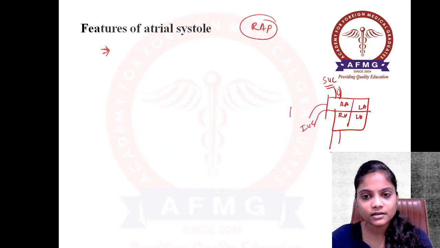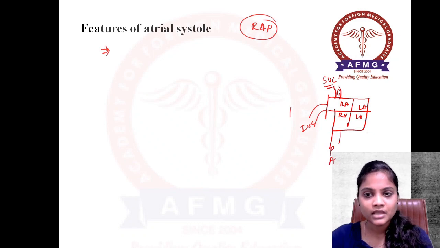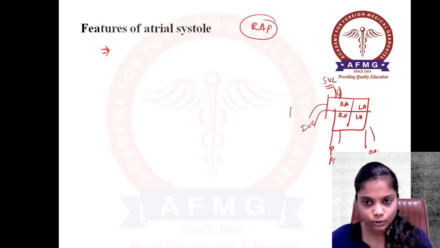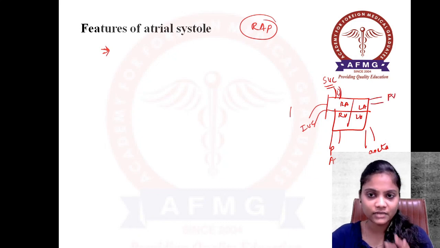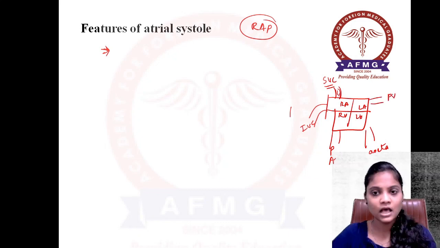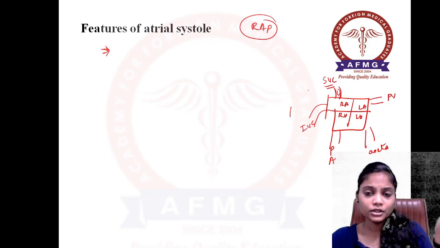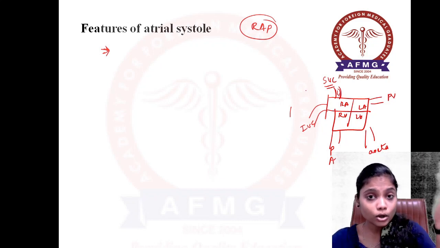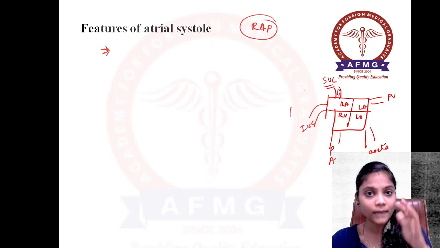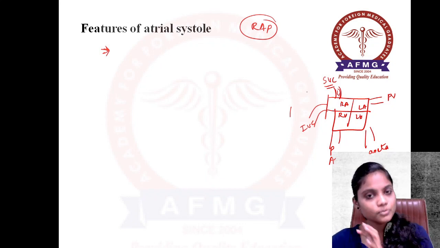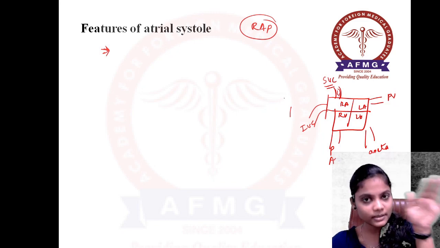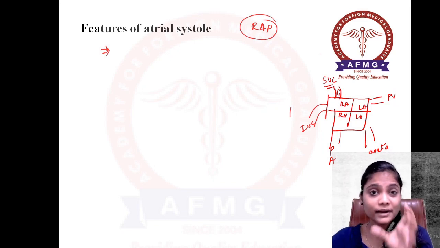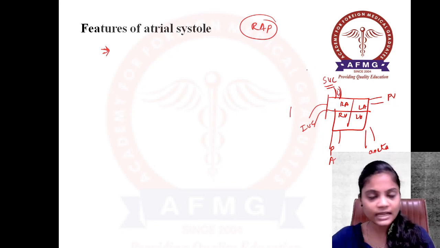Your right ventricle is connected to your pulmonary artery, left ventricle is connected to your aorta, and your left atrium is connected to your pulmonary vein. This is the whole overview. If your superior vena cava is filling, you know that the superior vena cava has no valves, so they will not close. Obviously the blood will be draining in, so that there will be pressure created in your right atrium.